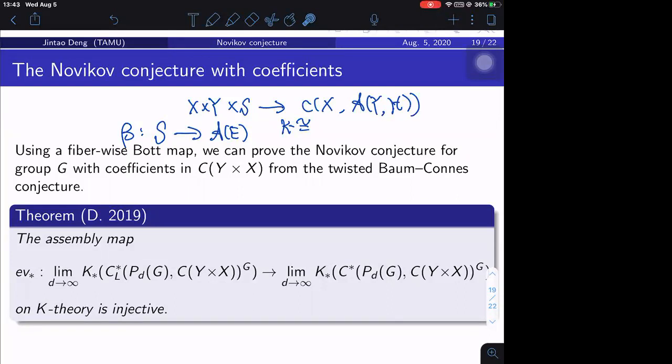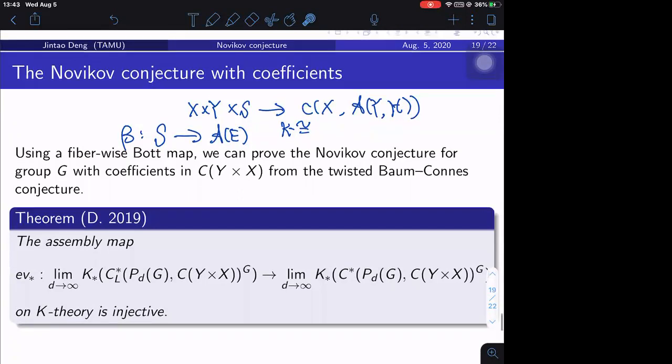Yeah. So actually, we can define a Fourier-Bott map, and we can show this is injective, because we will have the map from the K-theory of C_L^*(P_d(G)).